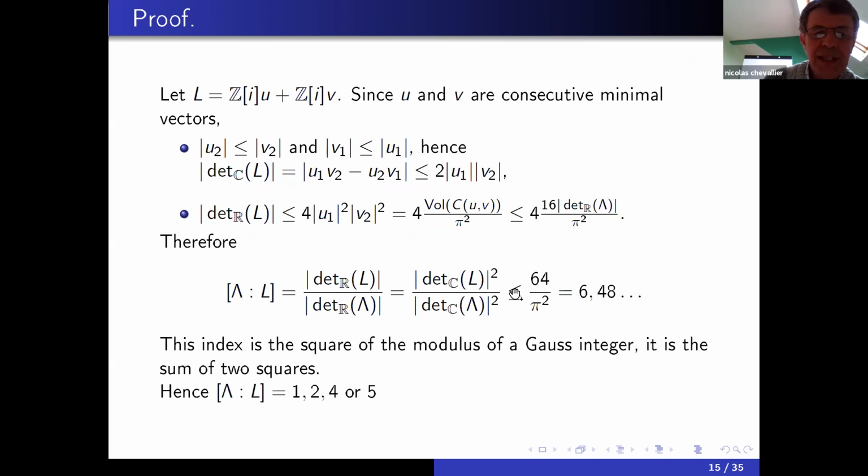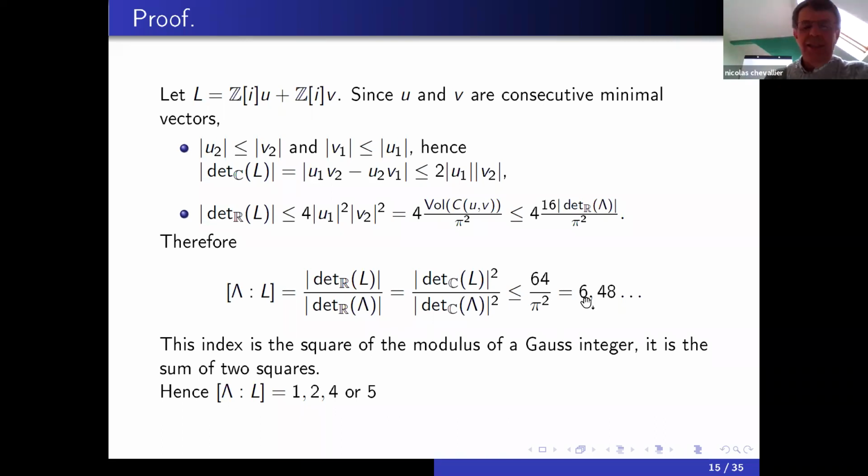This gives that the ratio of the real determinant of L and the real determinant of lambda is smaller than 64 over pi square, which is a little bit more than 6.